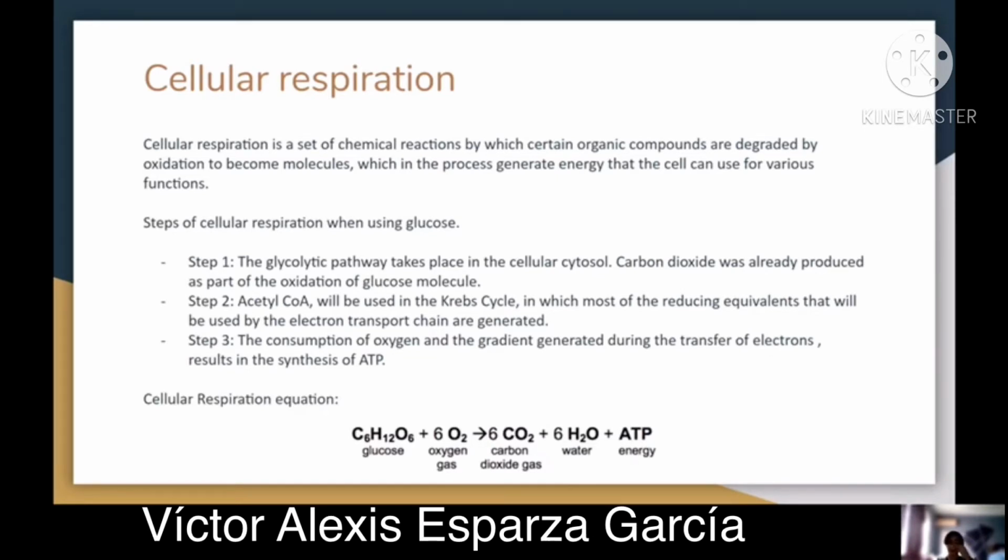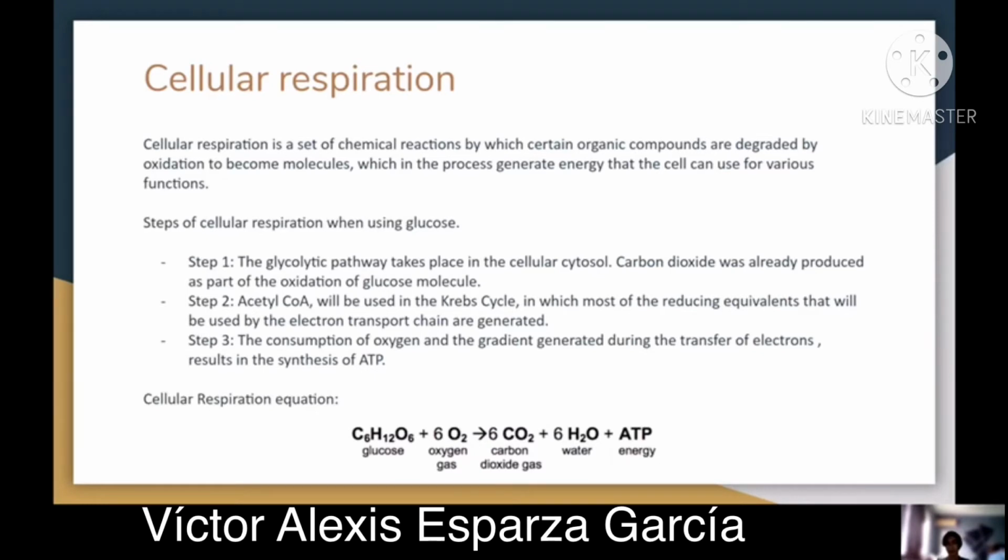The steps of cellular respiration when using glucose are: Step 1. The glycolytic pathway takes place in the cellular cytosol. Carbon dioxide is produced as part of the oxidation of the glucose molecule. Step 2. The acetyl-CoA will be used in the Krebs cycle, in which most of the reducing equivalents that will be used in the electron transport chain are generated. And step 3.